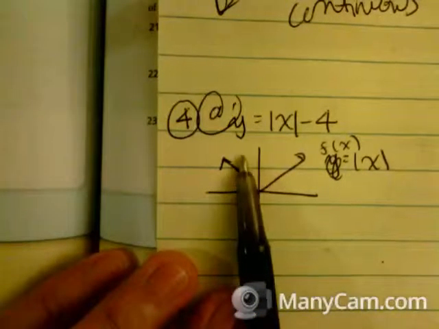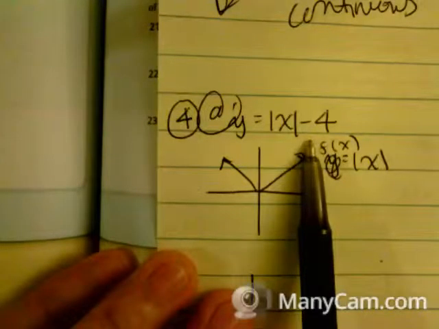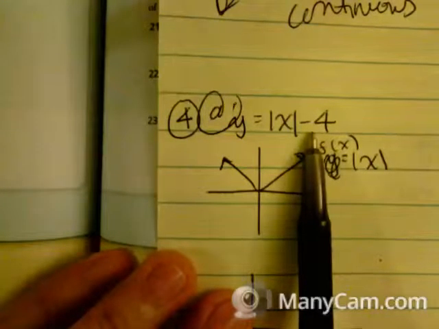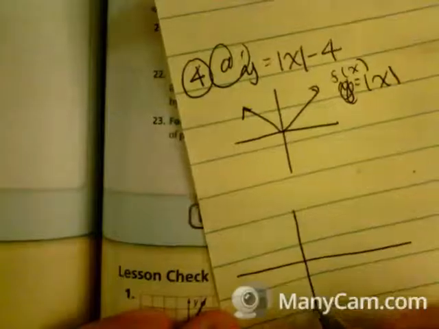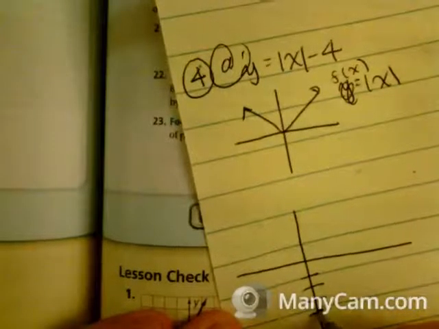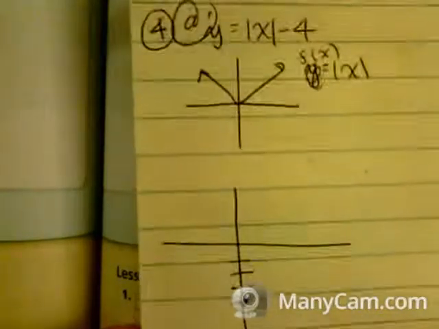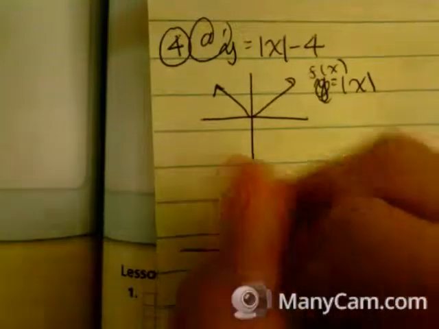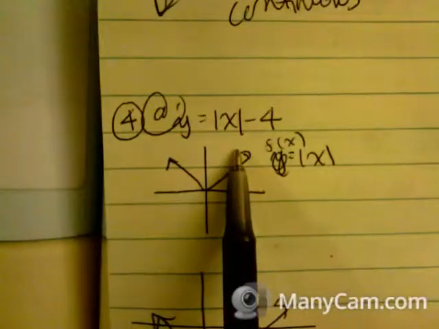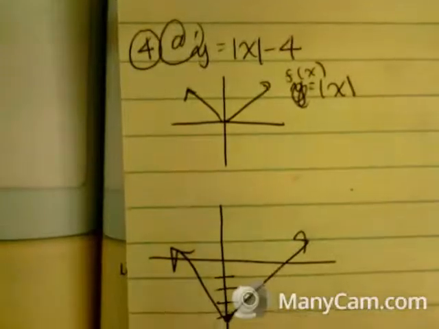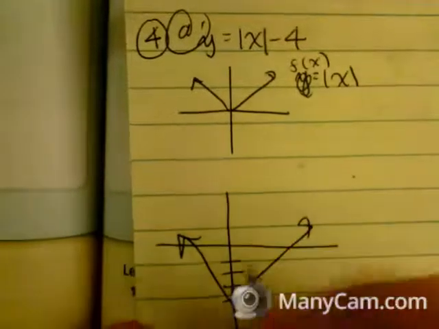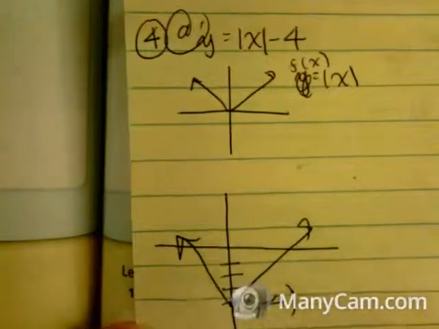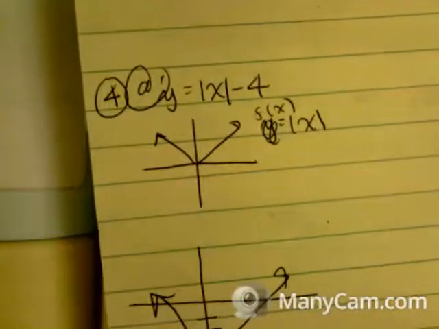When we subtract 4, that means you go down 4. So I'm going to go 1, 2, 3, 4, and it's still the absolute value of x. So this absolute value of x just shifts down 4, to negative 4. So that's going to be the y-intercept, (0, negative 4).